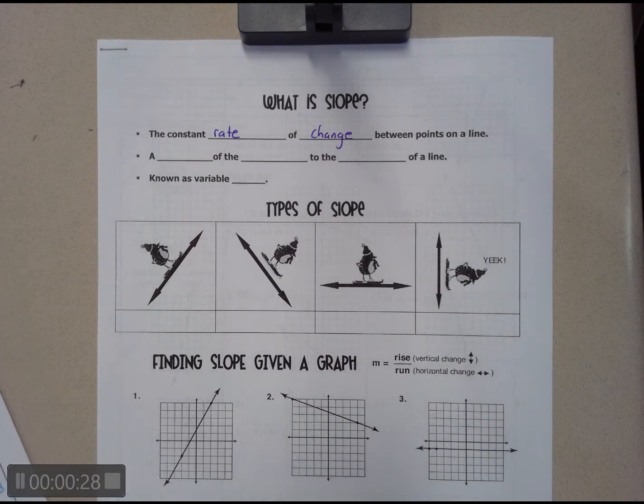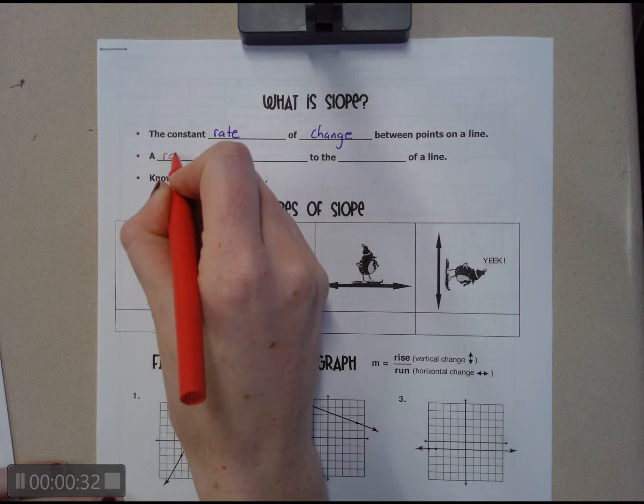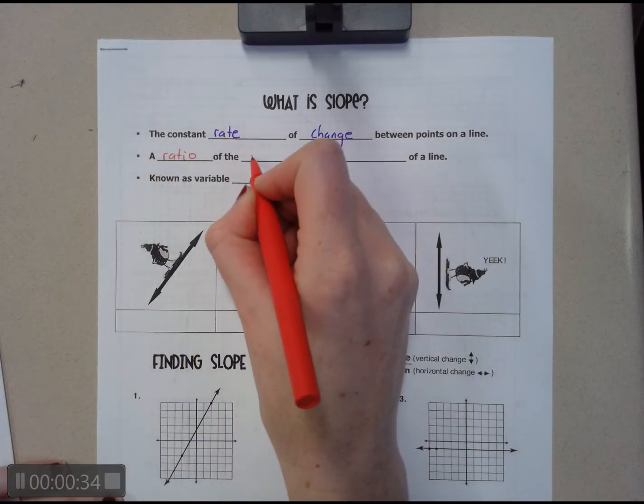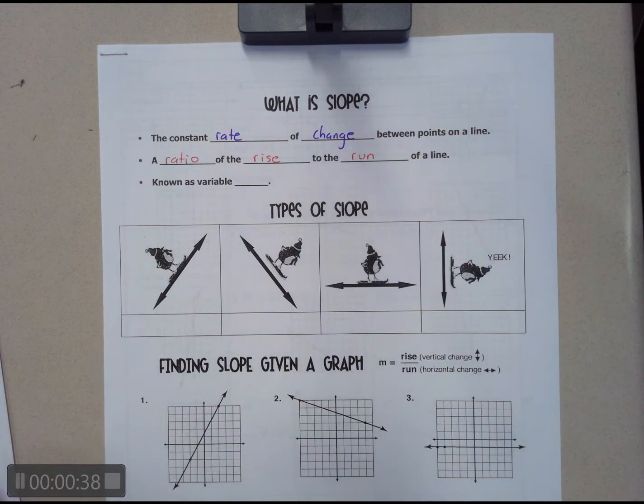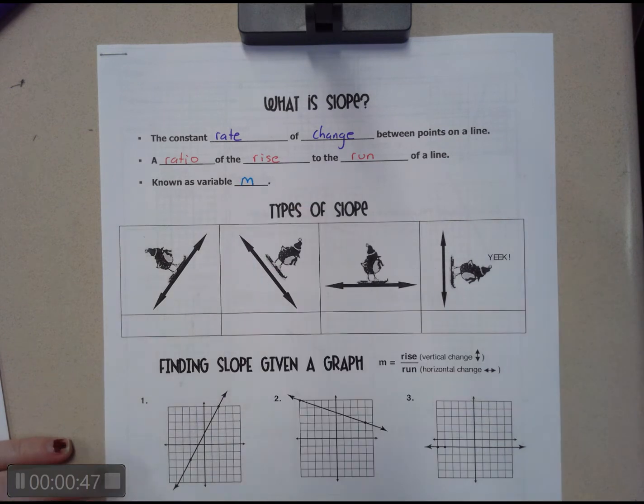And it is also known as the ratio of the rise to the run of a line. And the variable that we're going to use to describe slope is going to be m.